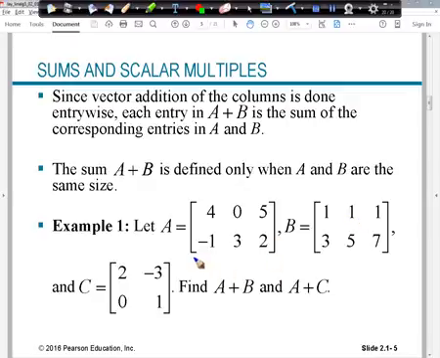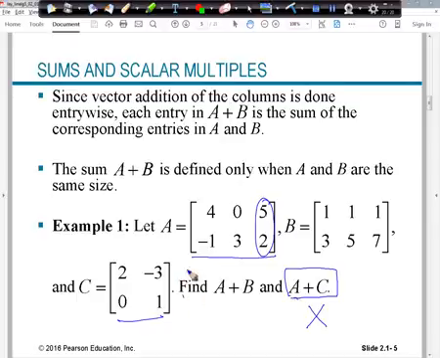So in this case, A and C. The question is to compute A plus C. It's undefined, which is really obvious because they have different sizes. For these entries, we have no entries anymore to add these two together.